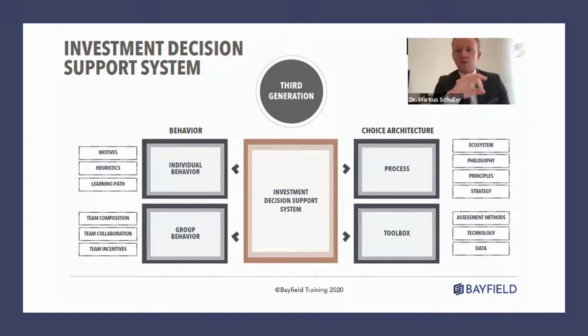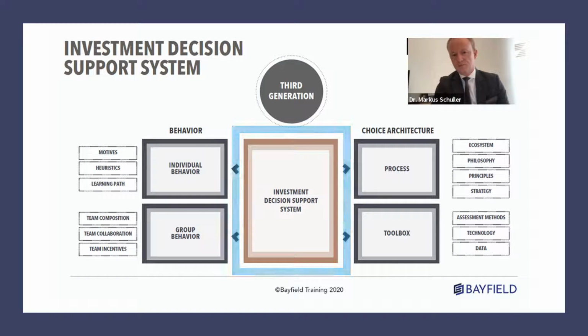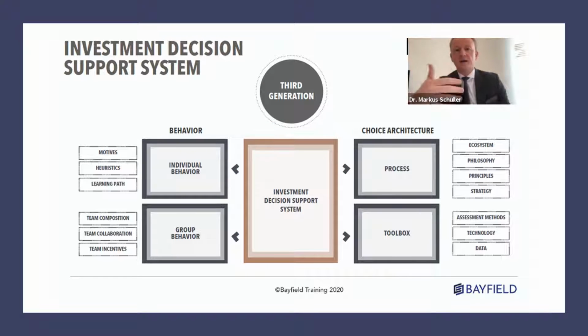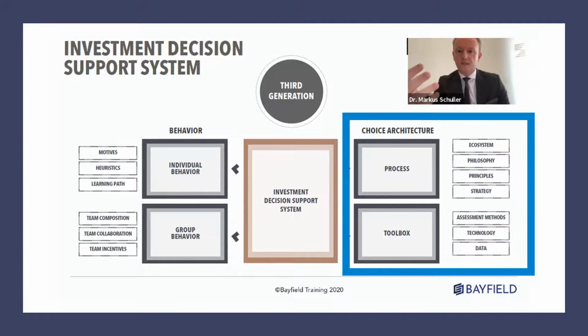Now, each single one of us, no matter what the asset class, the strategy, the geography, at the decision point, when taking a decision whether to invest or not, is influenced by each respective investment decision support system. And that's displayed here. Me as an investment decision maker, I am influenced in my investment decision by my choice architecture, by behavioral considerations.